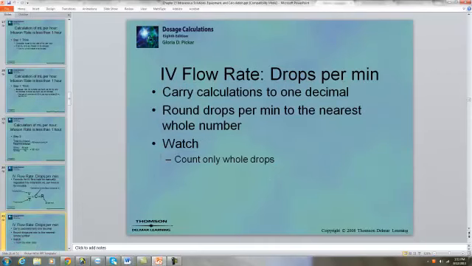So you carry your calculations to 1 decimal and you round drops per minute to the nearest whole number. And then you watch. You count only whole drops.